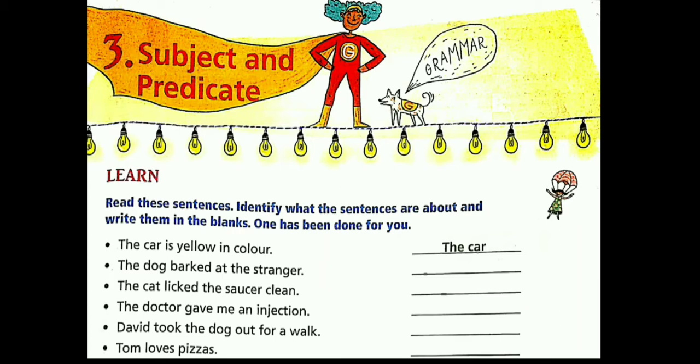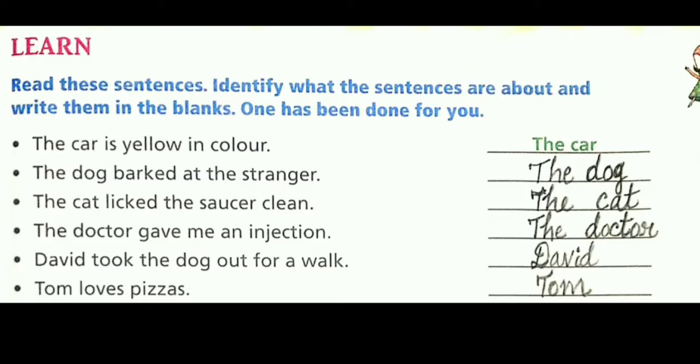One has been done for you. So in this you need to find out what the sentences are about. And as I told you, whenever we find out about the person or the thing, that is the subject. So now let us start with this exercise.